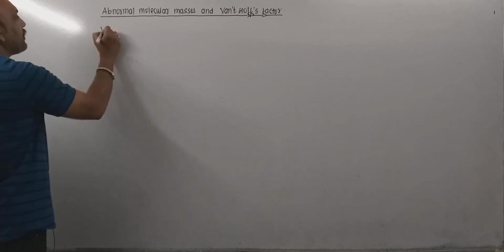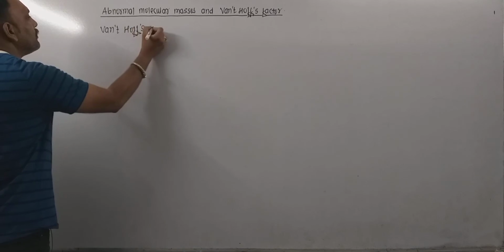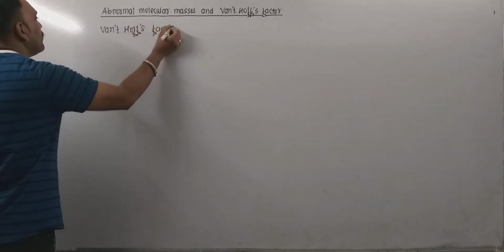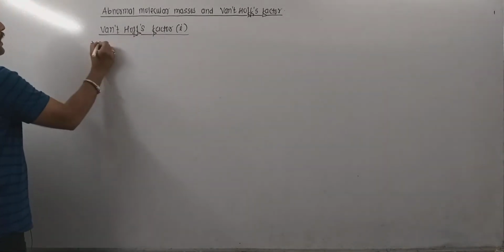So let's see Van 't Hoff factor first of all. Van 't Hoff factor, which is represented by i, is a correction factor.